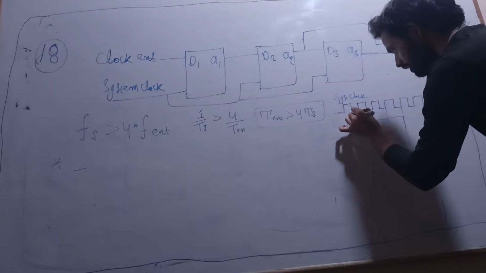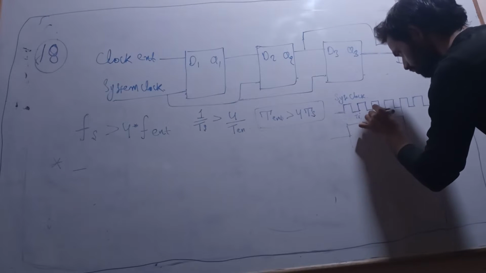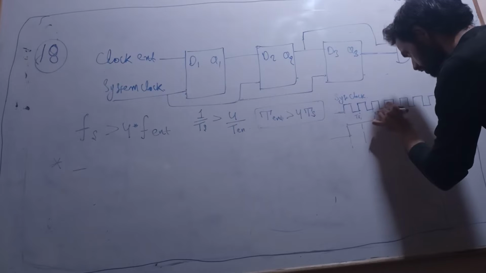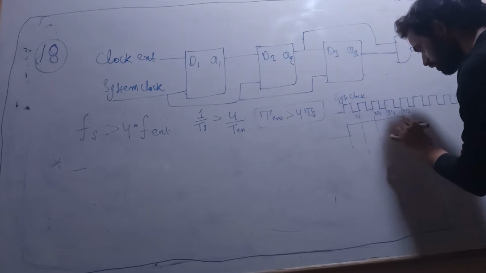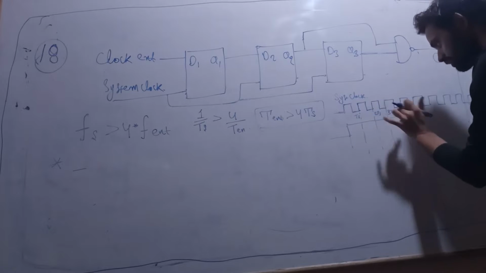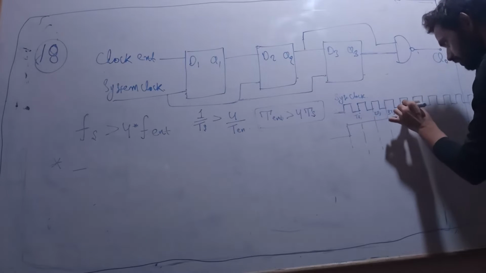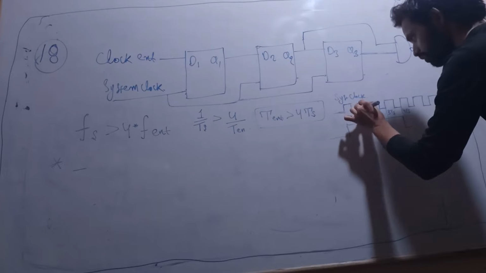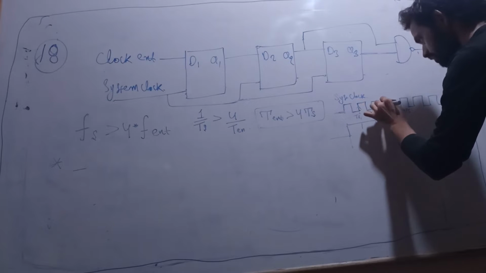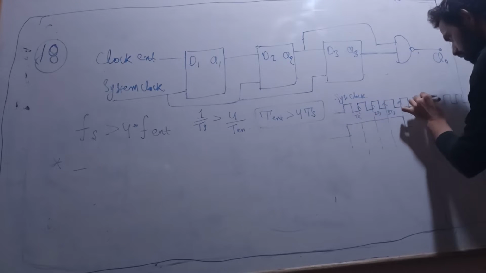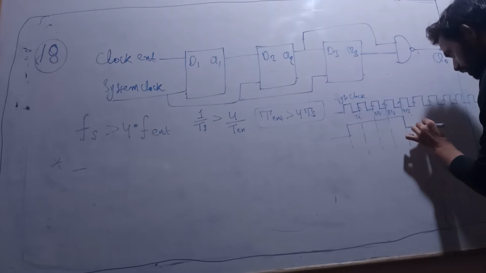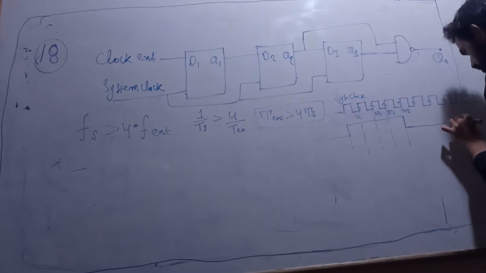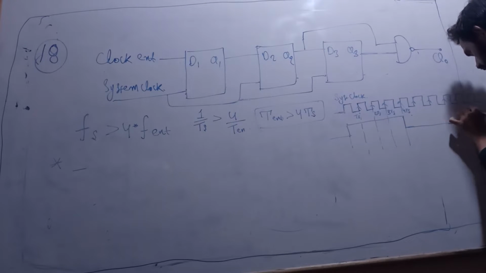This is my Ts, this is my 2 Ts, 3 Ts, 4 Ts. So this is 4 times of this. Next, first, second, third, fourth, it is low, and at the fourth it is high.